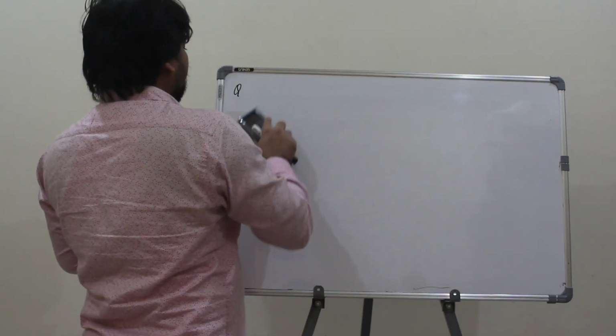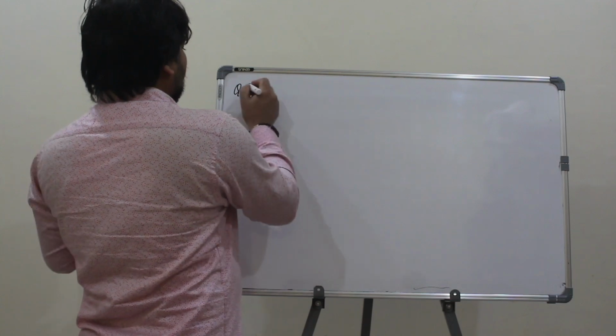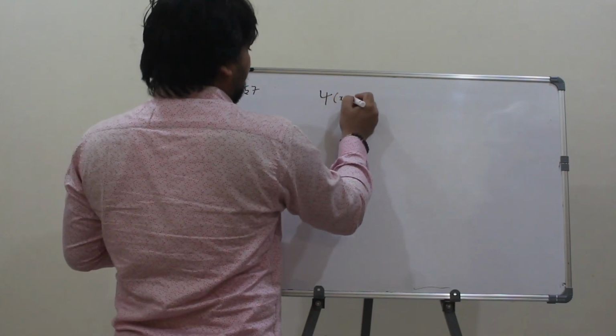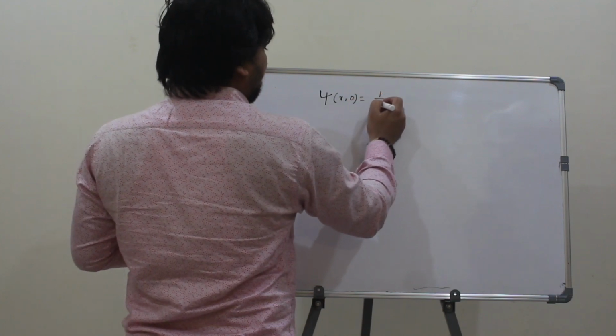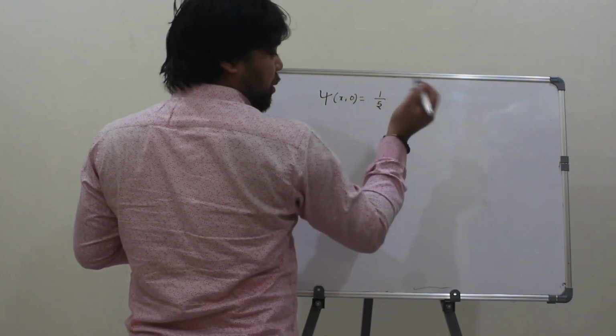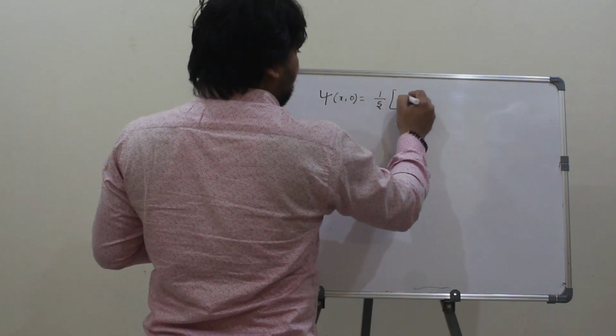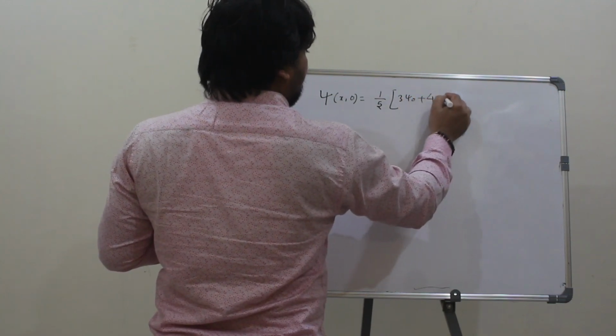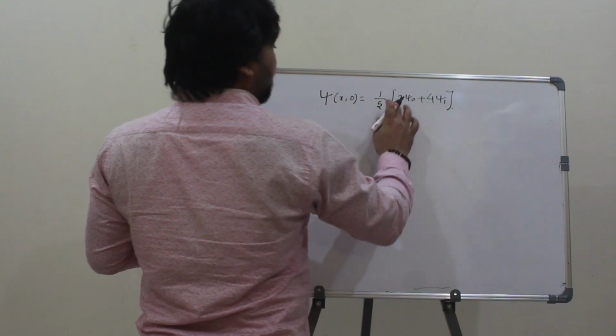Problem 57 says, the wave function was given, if you recall, psi(x,0) as 1 upon 5, which we calculated, of 3 psi naught plus 4 psi 1. This was given.